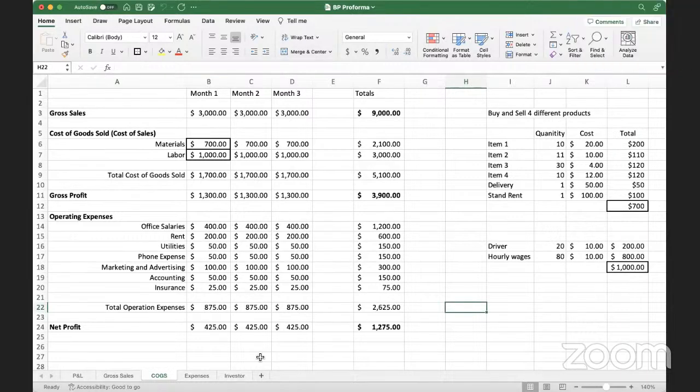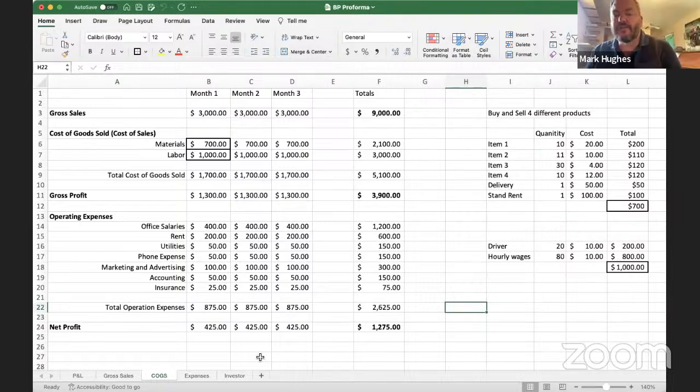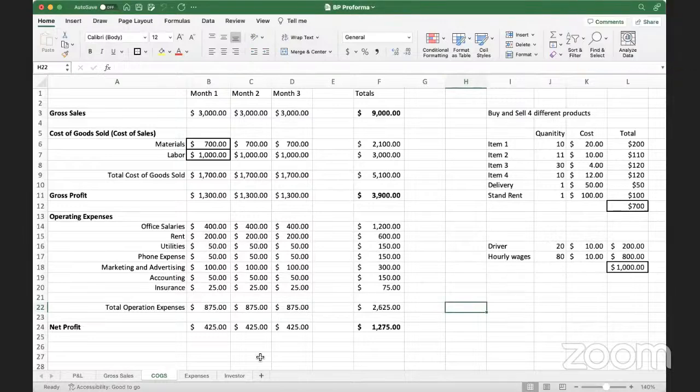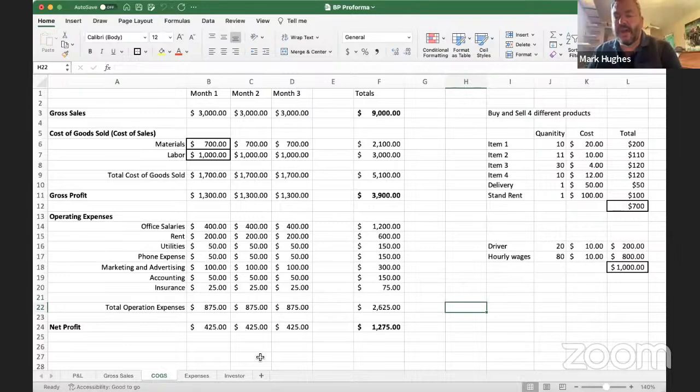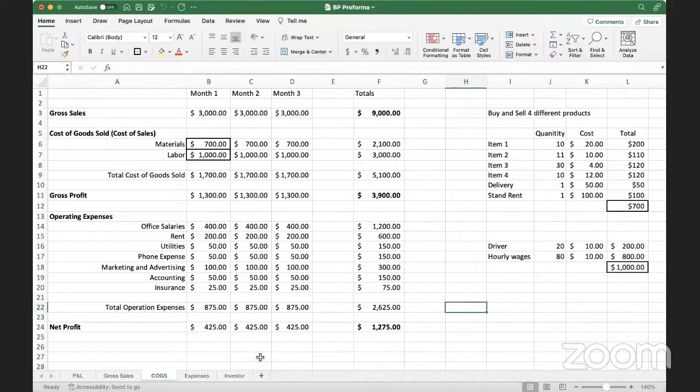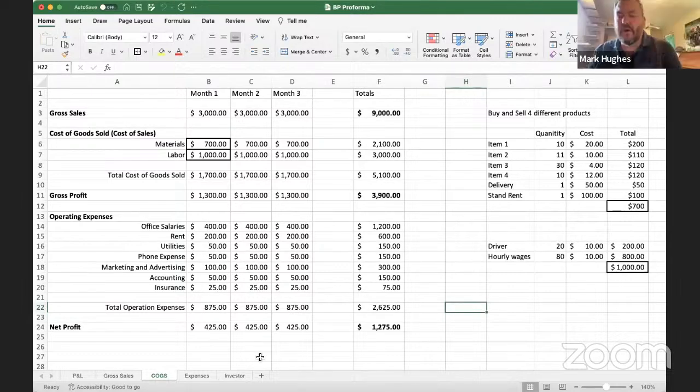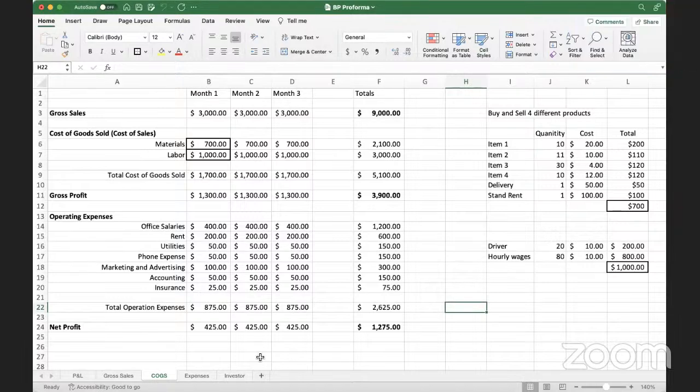So if we have to drive to Lusaka and buy the items, and this is how much we paid for them, and then we would add the cost of going and getting it.